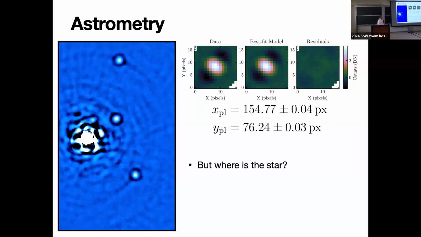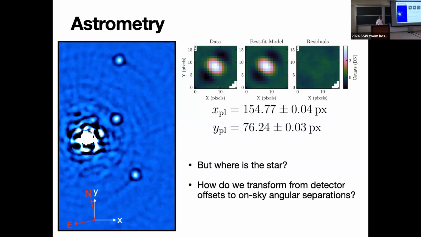What's missing here is information about where the star is. So you see it's been cleverly occulted by the coronagraph here in the image. And also, how do we transform from detector offsets in pixels into offsets on sky in angular separation? And also accounting for the rotation between the detector coordinate system and the celestial coordinate system.